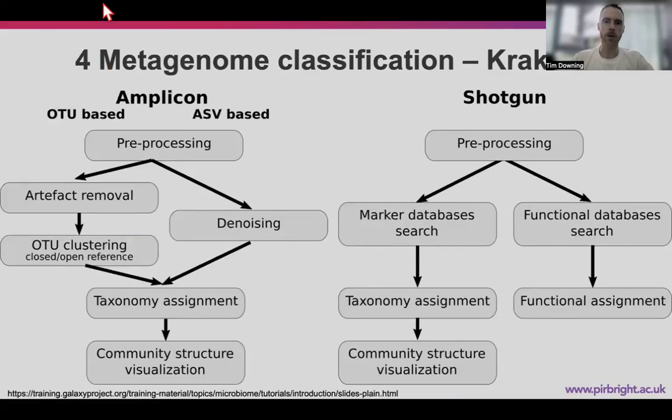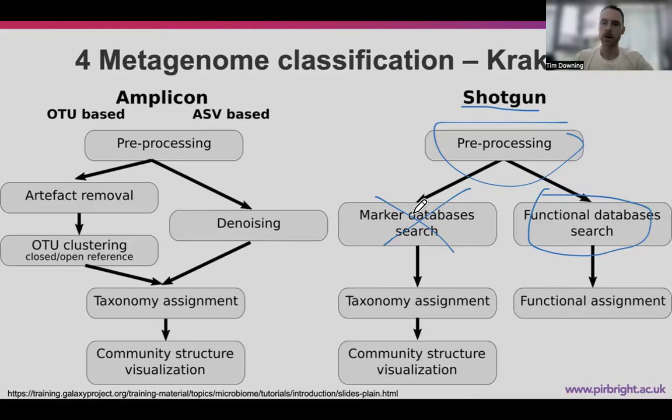And we have to consider our broader approaches. Typically, metagenomes talk about shotgun sequencing, where we don't really have the option of marker genes. We're looking at processing the data, and later we can do functional database searches to find out more information.